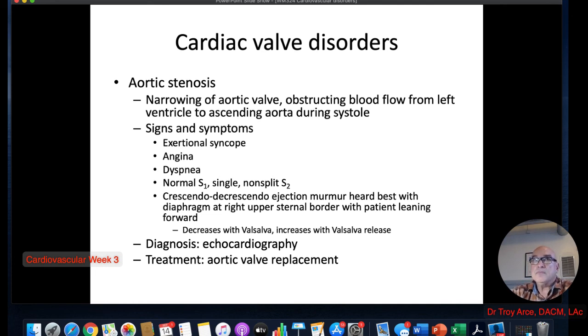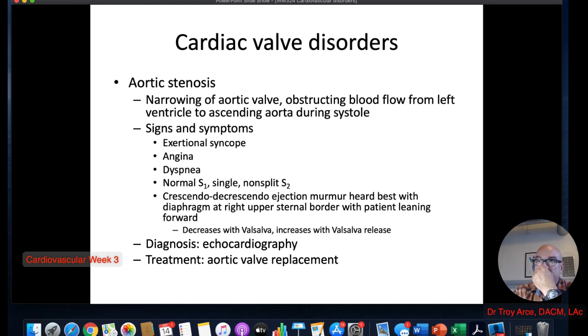Angina. It's going to be feeling some pain. Difficulty breathing. They're going to have a normal S1, single, non-split S2. Crescendo, decrescendo, ejection murmur heard best with the diaphragm at the right upper sternal border with patient leaning forward. It decreases with the Valsalva. Valsalva, what's a Valsalva? I bet you asked.